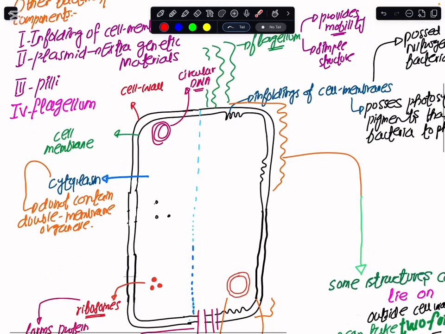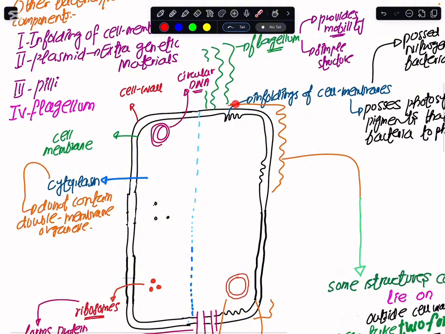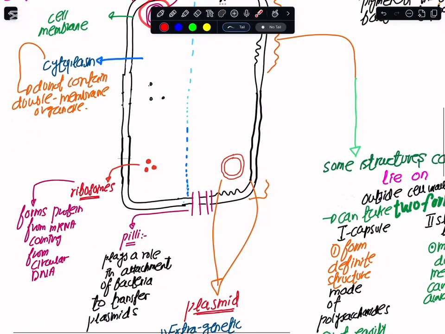For some bacteria, there would be something lying outside of their cell wall, and this could be the slime layer, or it could be in the form of a capsule. Then they have the enfoldings of their cell surface membrane. And some of the bacteria have extensions out of them, and these would be the flagellum. Then along with the circular DNA, there would be this extra genetic material, which we call the plasmids. And then there would be these structures, which are called pili.